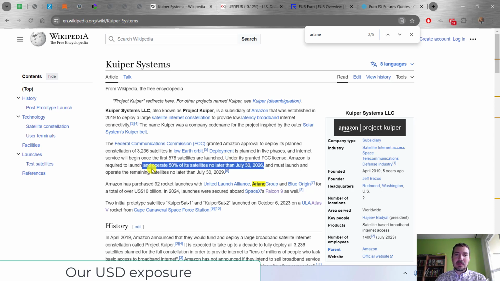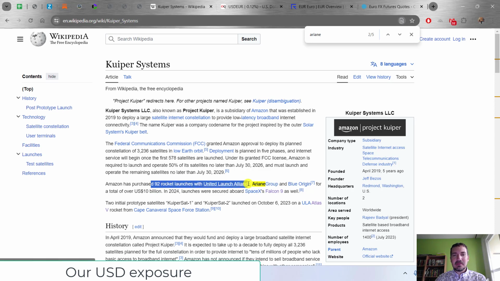And they have to do this rapidly because they have to reach half of the coverage already in 2016, which is 2 years later. So they have to scale up their operations. And that's why they purchased a lot of launches.